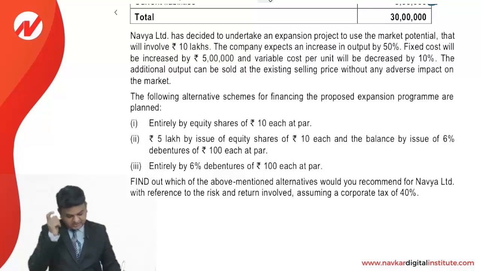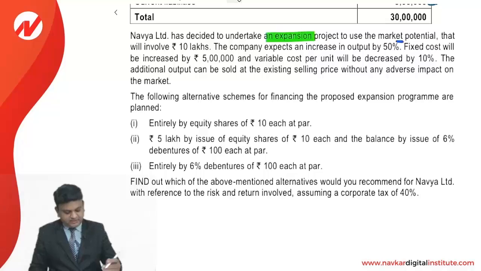Navia Limited has decided to undertake an expansion project to use the market potential that will involve an amount of 10 lakhs. The company expects an increase in the output by 50%.